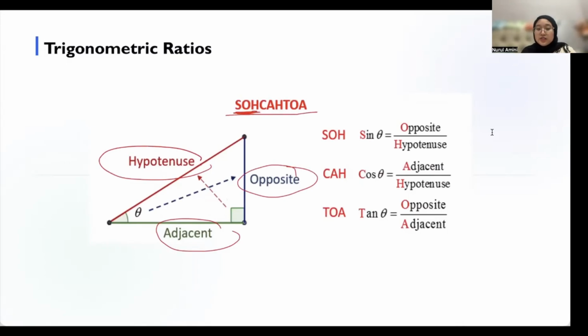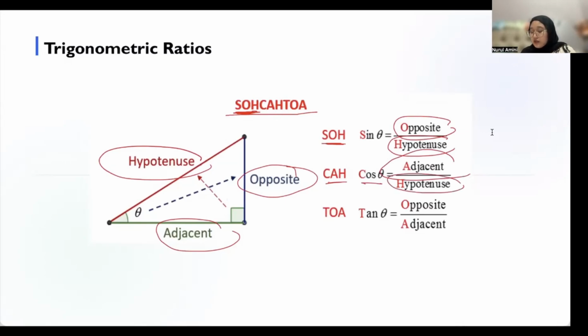What is SOH? SOH is for sin theta: we find sin theta by dividing the opposite side over the hypotenuse. CAH: we can find cos theta by dividing the adjacent side over the hypotenuse.